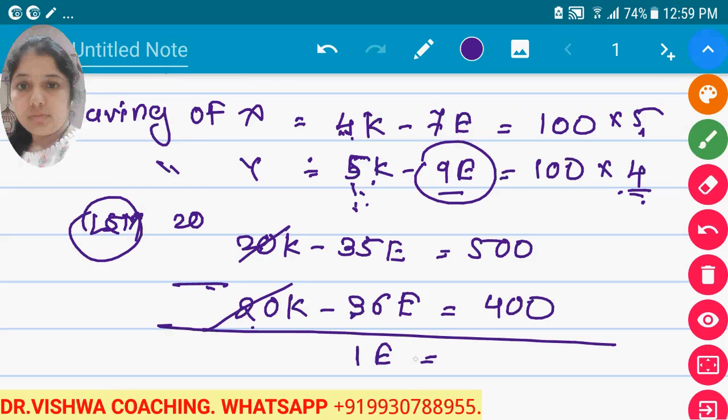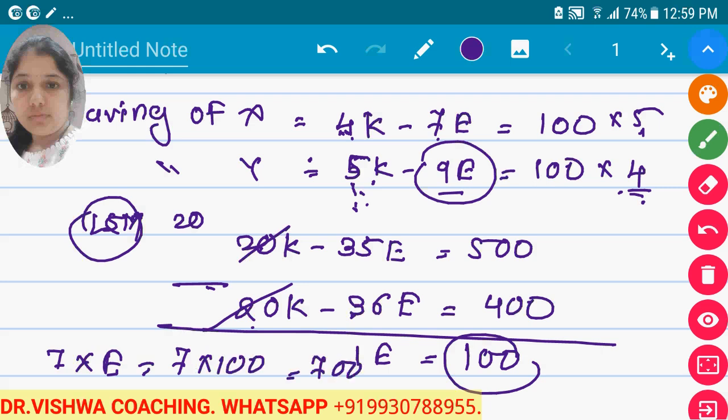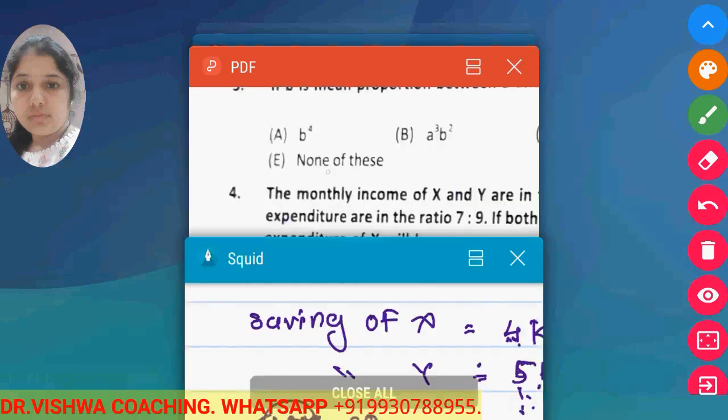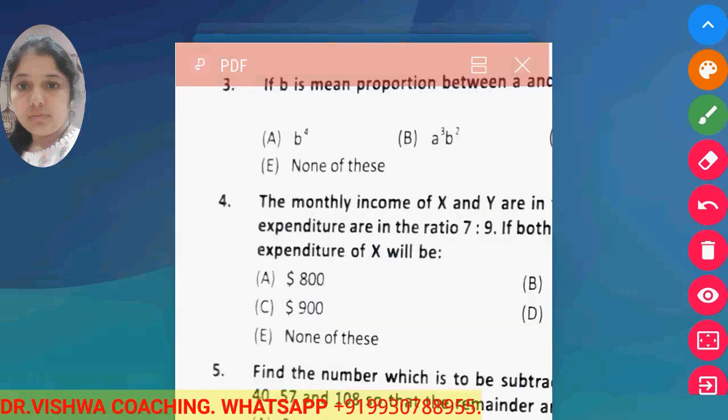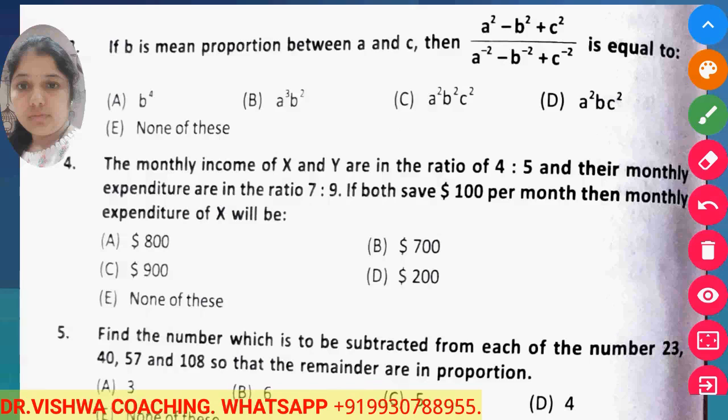So this is 1e is equal to 100. Now what is the expenditure of X? 7e. So total we got the value of e as 100. So 7 into 100 means $700 is the expenditure of the person X. Okay, so in this way you have to solve the problems.